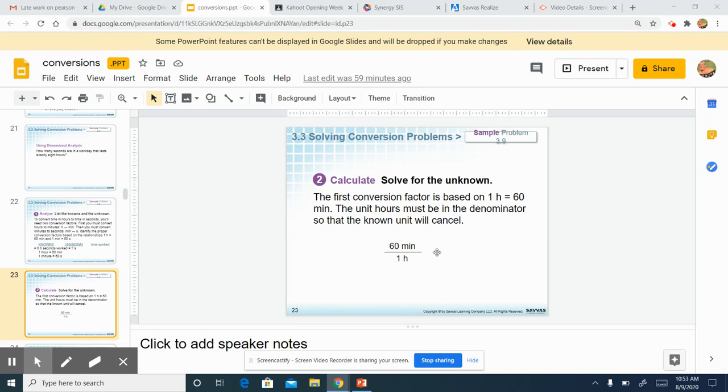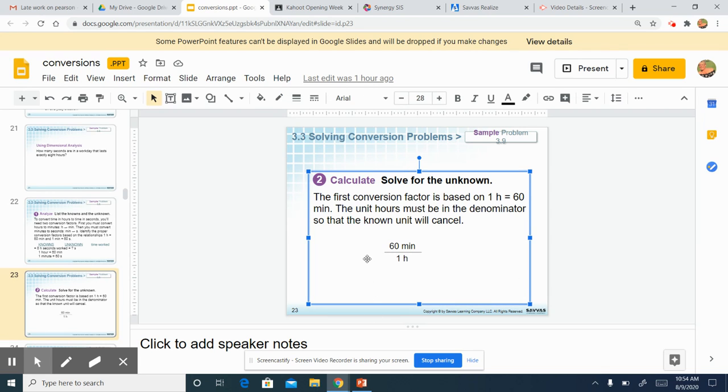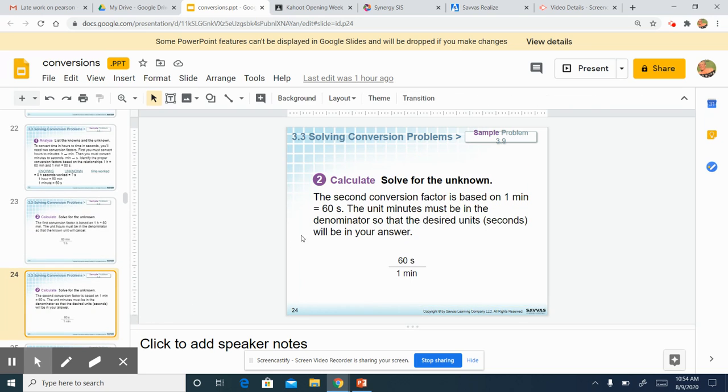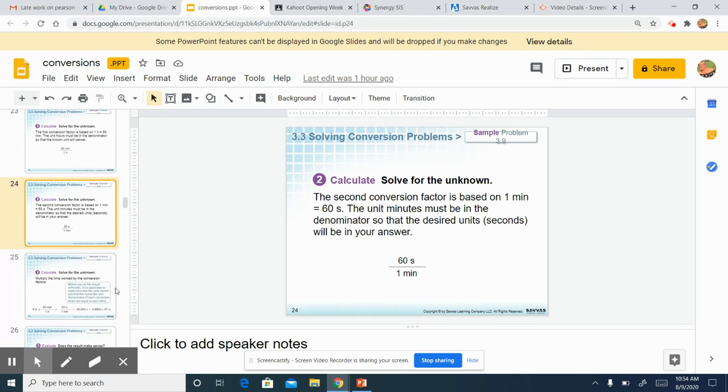And you'll see on the next slide or two what that means. The second conversion factor is based on the fact that 1 minute is equal to 60 seconds. The unit minutes must be in the denominator so that the desired unit seconds will be in the numerator and will be in the answer.